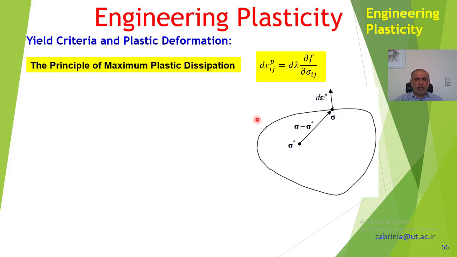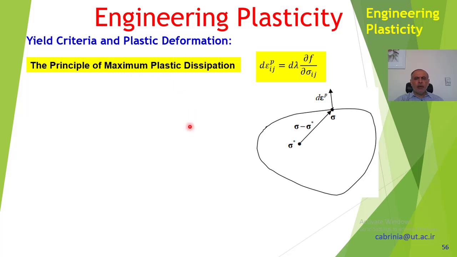Another principle that could be noticed here, with the knowledge that we have gathered so far, is the principle of maximum plastic dissipation. What does it mean? The epsilon ij p dot times sigma ij is in fact the work or energy done in order to get a plastic deformation, and we say that it is dissipated.